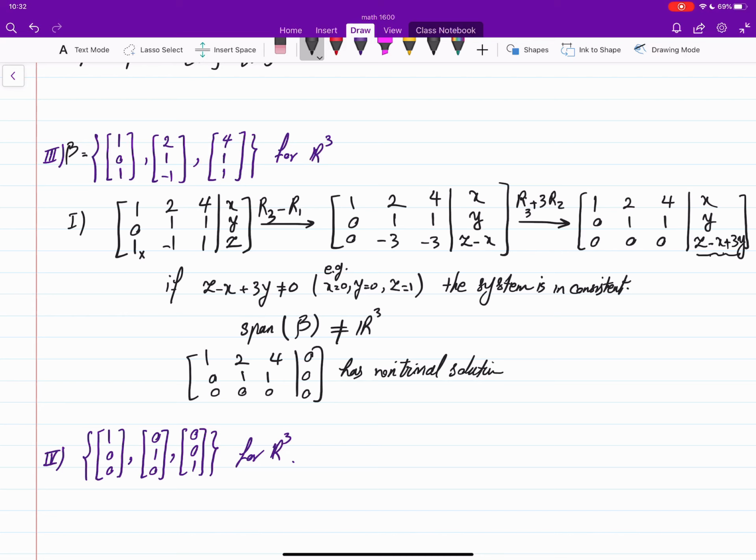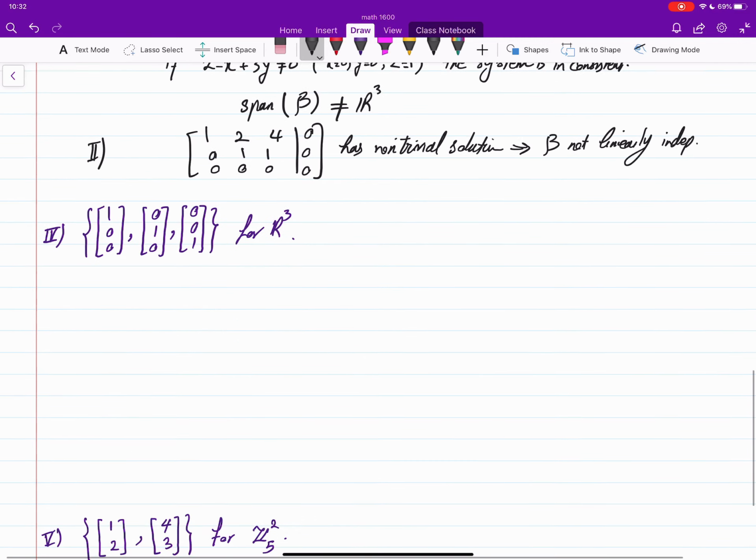It means that the vectors are not linearly independent. So both of the conditions fail. You don't need to check the second one, but I'm just doing it as an extra practice. Okay.